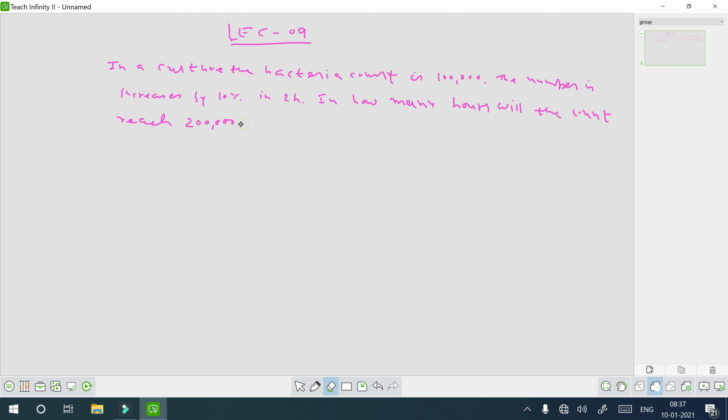If the rate of growth of bacteria is proportional to the number present at that time.